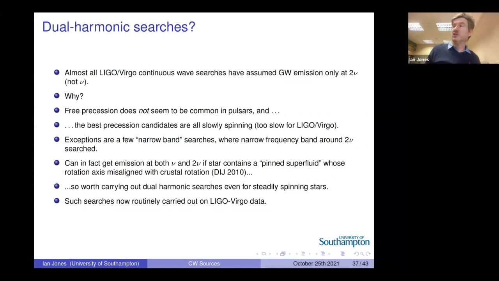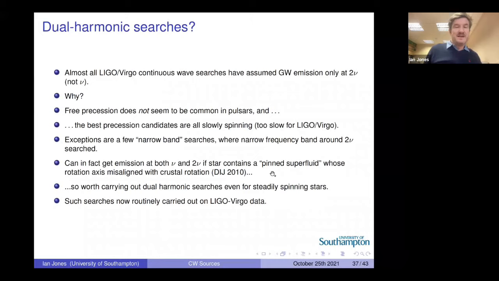So for the Crab, say, you're not assuming it's exactly 30 hertz and 60 hertz because you don't quite know what this offset is. You have to look over a little band of frequencies close to 30 hertz and close to 60 hertz. So these are narrowband searches. They're not nearly as computationally expensive as an all-sky search, but there is still some significant cost that goes with them.